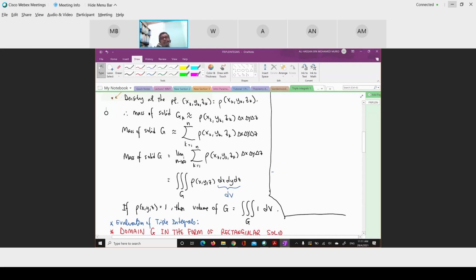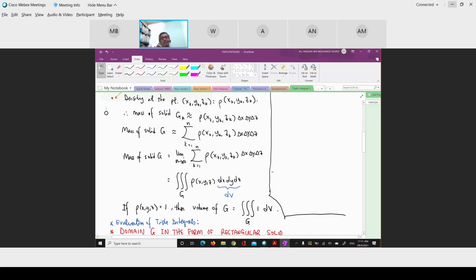However, if rho is constant, say equal to 1, then this triple integral represents the volume of a solid G. Then this triple integral is equal to the triple integral of 1 dv, and so this is equal to the volume of a solid G. Any question for this?